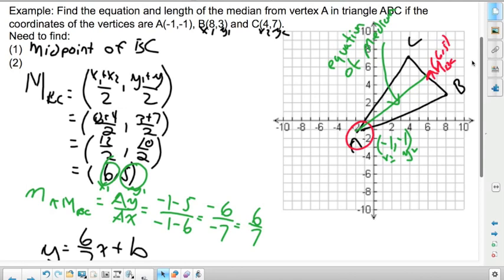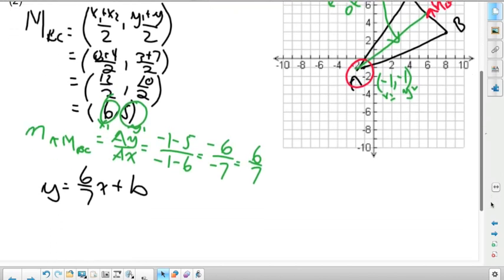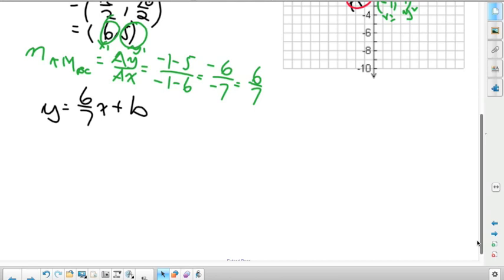No, because that's not on the line segment. So I can use either A or the midpoint. Do you want to use the midpoint? Okay, so the midpoint was 5, y value is 5, when x is 6.